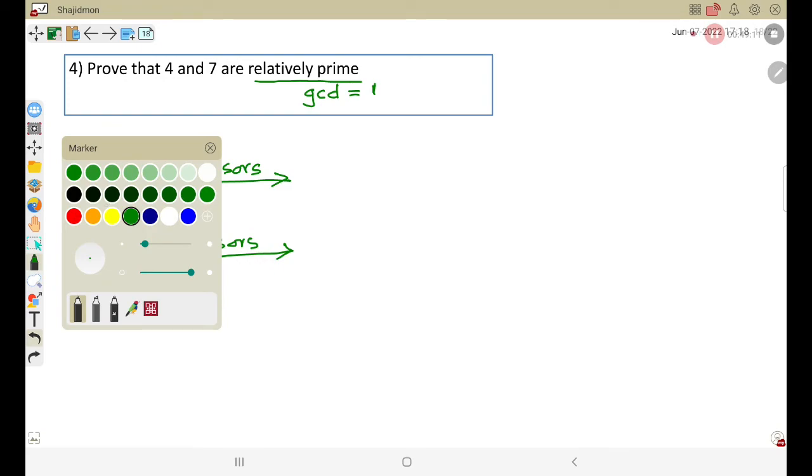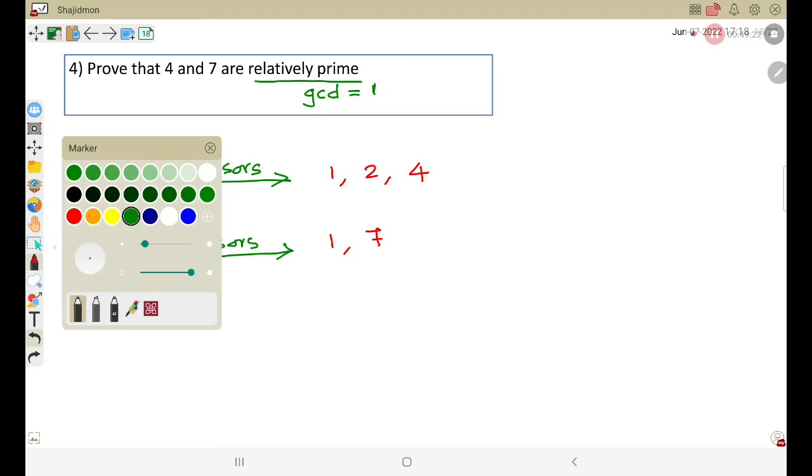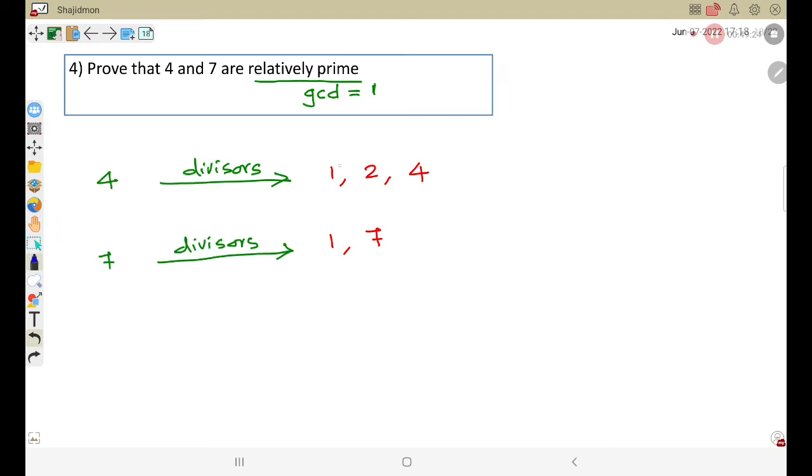Okay, so what are the divisors of number 4? 1, 2 and 4. What are the divisors of 7? 1 and 7. Now what are the common divisors? You can check it. 1 is common, there is no other number common. Correct? So what is the GCD? The GCD of 4 and 7 is equal to 1.